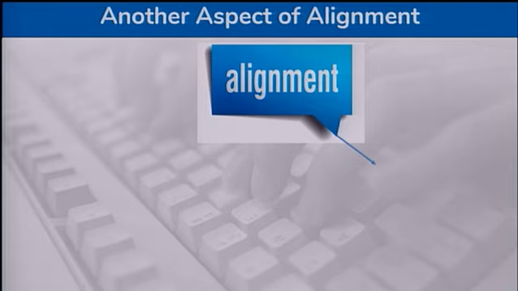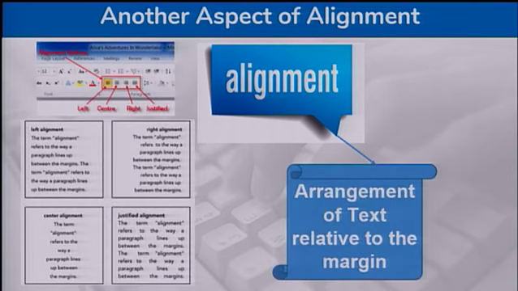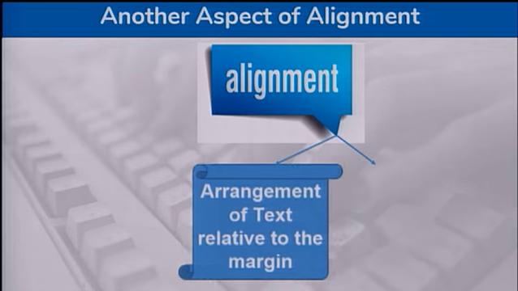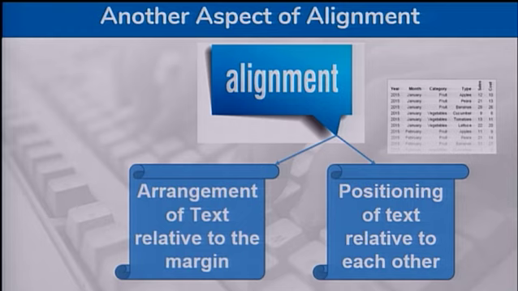However, aligning text does not only imply their vertical arrangement relative to the margin. Text can also be aligned with respect to their relative positions. This means that we can decide how far a piece of text is beside another.